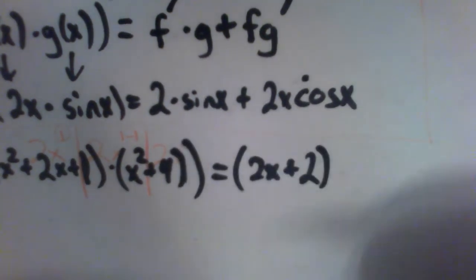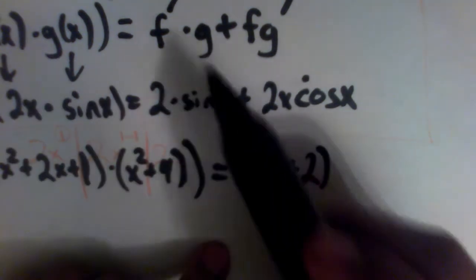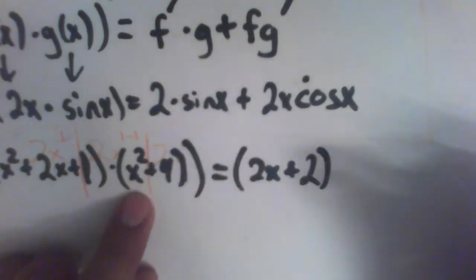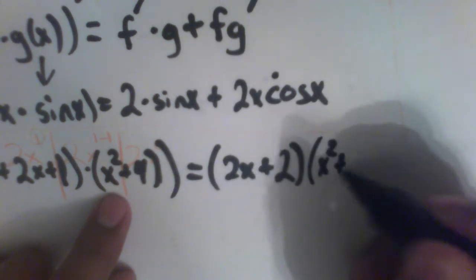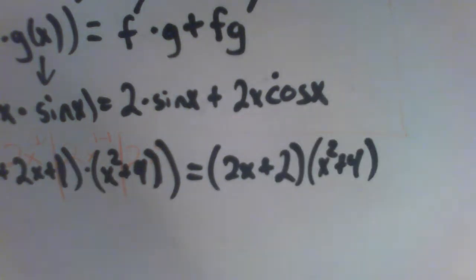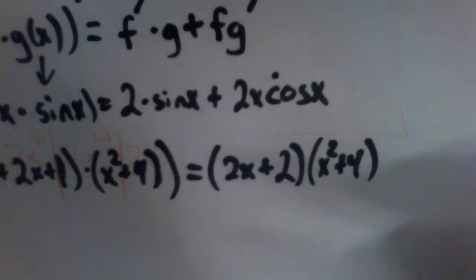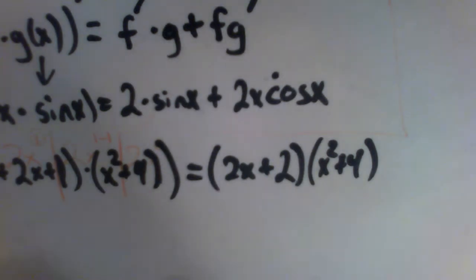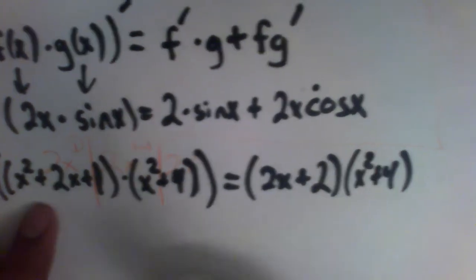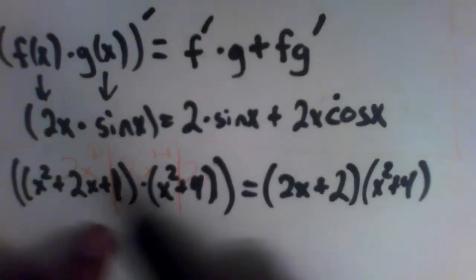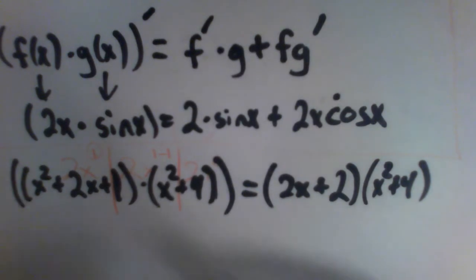So this, and then I have to rewrite g. G is x squared plus 4. So parentheses, x squared plus 4. And guys, another thing you should remember is that the parentheses in this case are very necessary when it comes to taking derivatives of functions that have plus or minus, because when they do have pluses or minuses, you actually have to distribute, right?